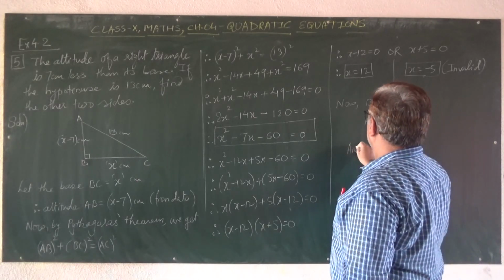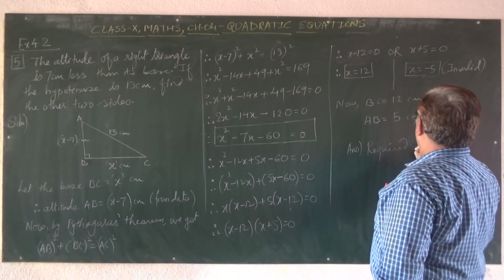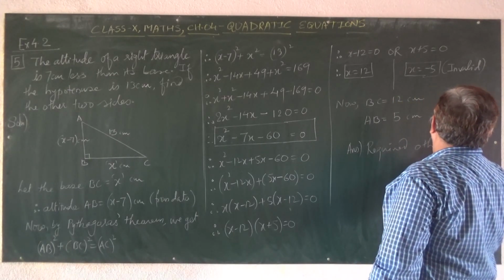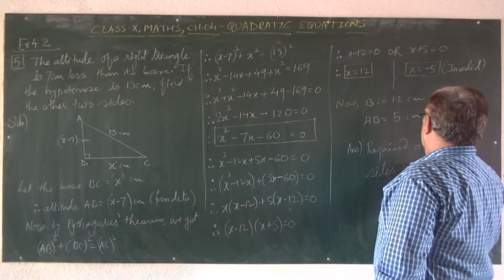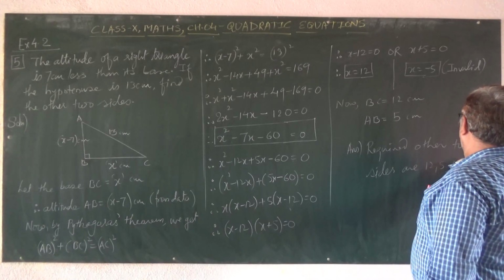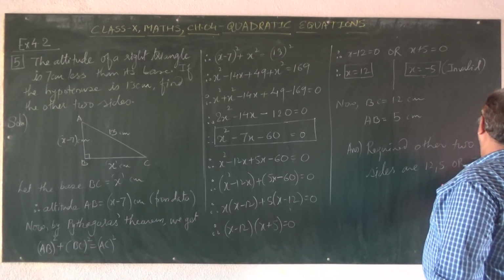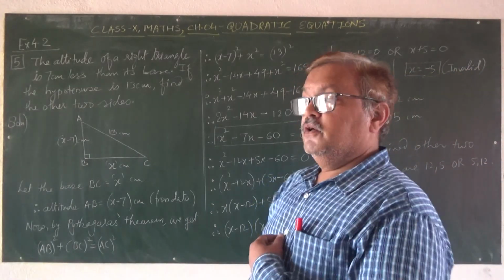So the required other two sides are 12 comma 5, or you can write 5 comma 12. Hope you have understood this sum.